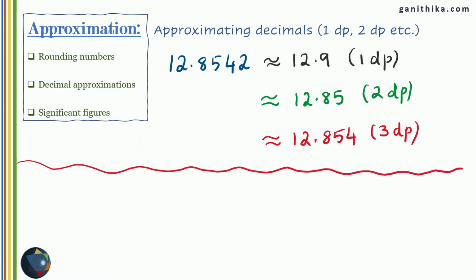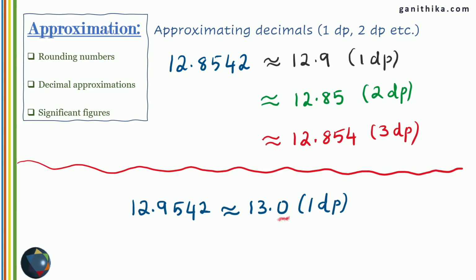In the case where you have 12.9542, this is something important that you need to note. Even though you know how to round it off to decimal places, what you need to know is how to write your answers properly. In this case, 12.9542 is approximated to 13.0 for 1 decimal place. Notice that 0 is shown there, even though it doesn't have any value. 13.0 should be your answer because you have to show that you have rounded this off to 1 decimal place.